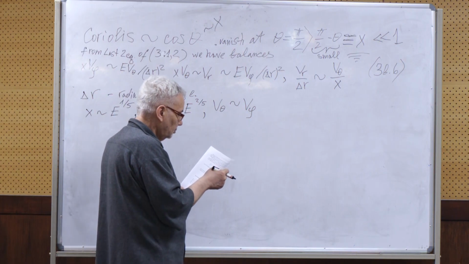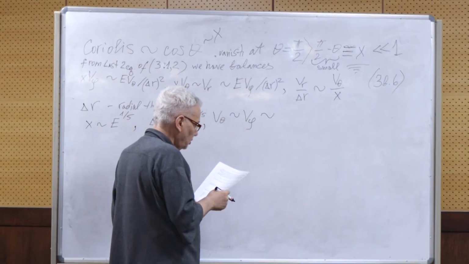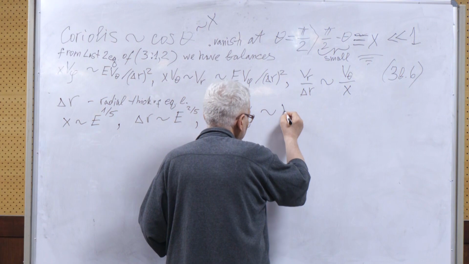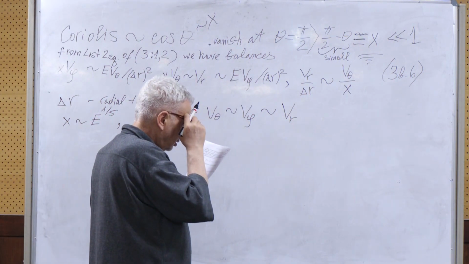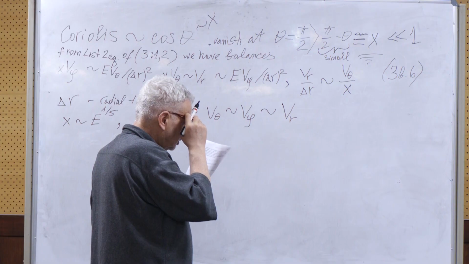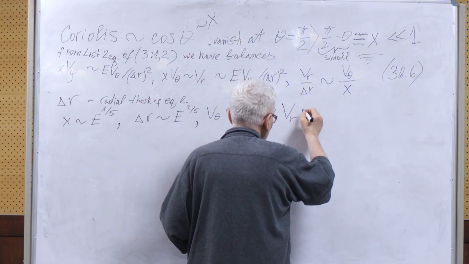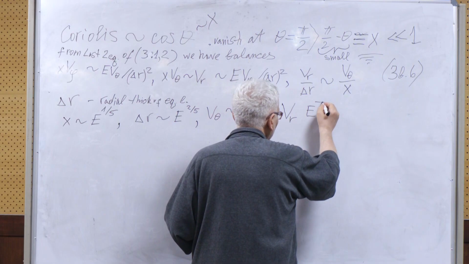And the last relation we can proceed further in this relation. And here we have that the radial velocity in this layer is quite small. Actually, it works like E to the minus 1/5.